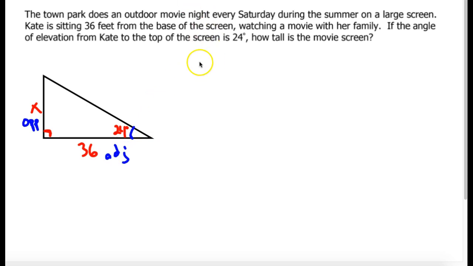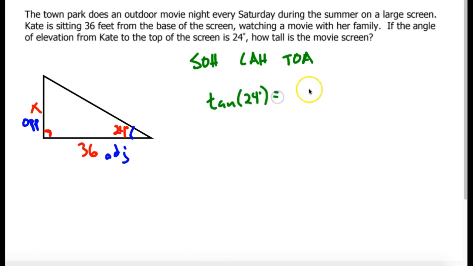So if we're thinking SOH CAH TOA, opposite and adjacent is tangent. So my setup is going to be tangent of 24 degrees equals opposite over adjacent.